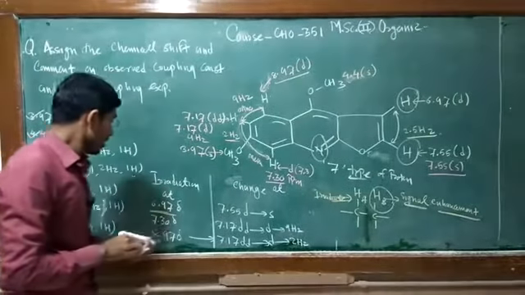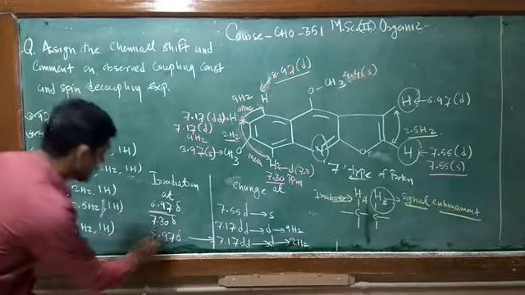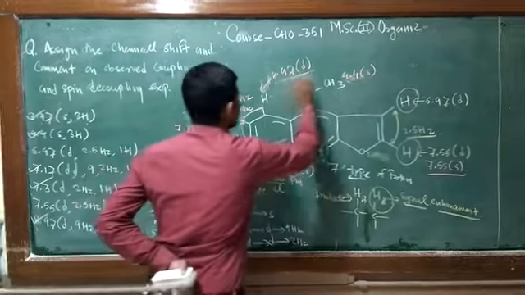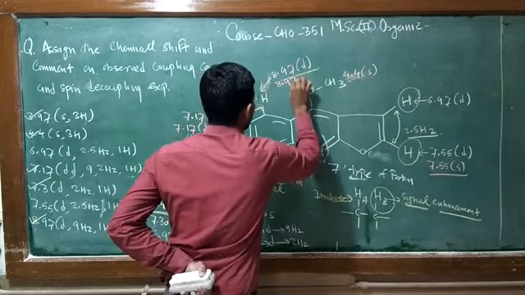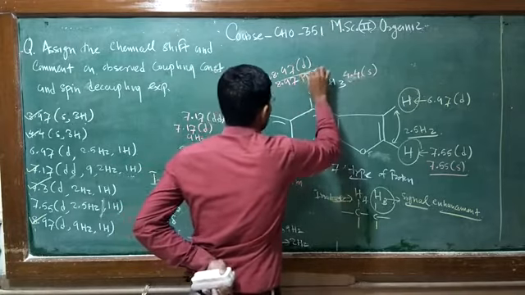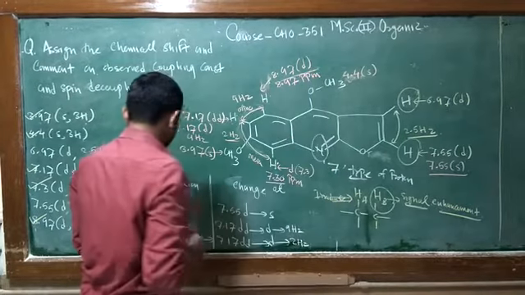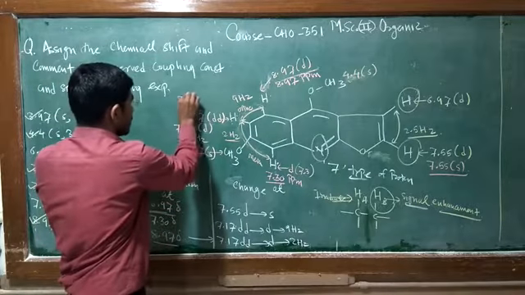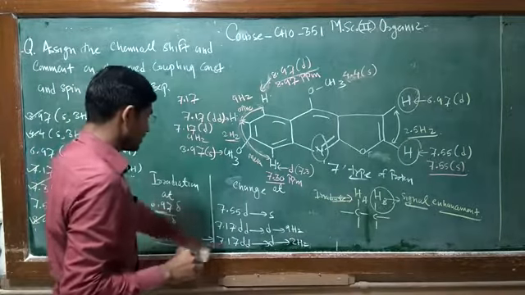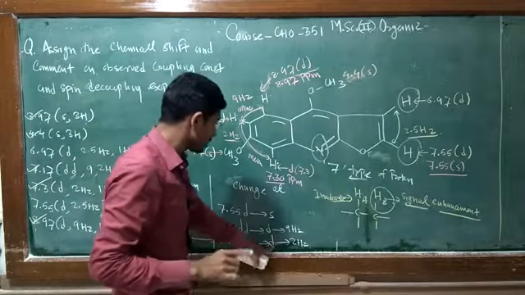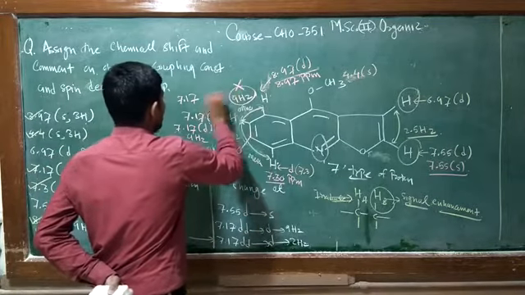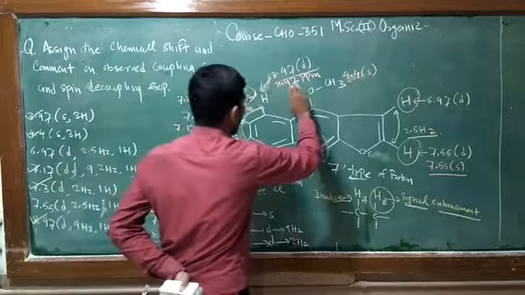Like this, also for the third signal, 8.97 ppm. If we irradiate the proton at 8.97 ppm, the signal at 7.17, the doublet of doublet, changes into a doublet with 2 hertz, meaning the 9 hertz coupling is not possible after irradiation at 8.97 ppm.